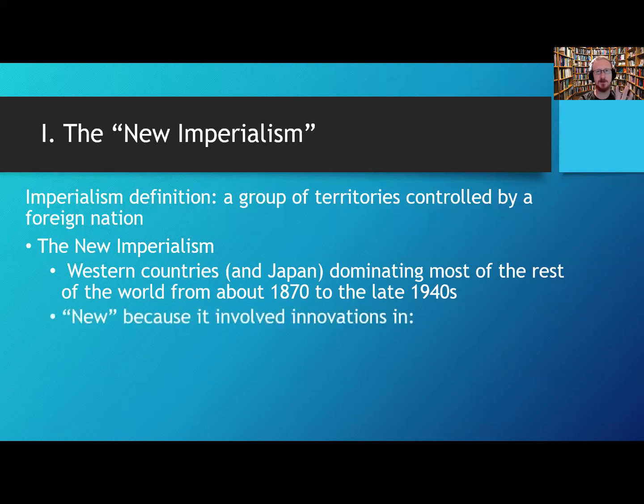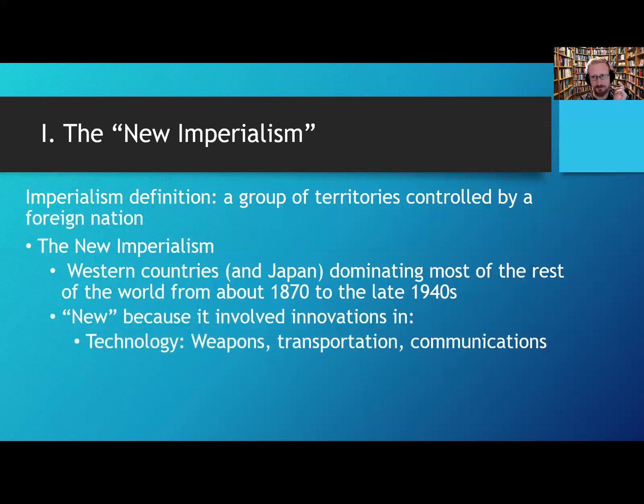And it's the new imperialism, partly because it is this kind of global phenomenon, but also because it's involving innovations in 3 different areas. The first one is technology. New technology enables Western countries and Japan to dominate lesser developed parts of the world through weapons. Weapons is the most obvious one.